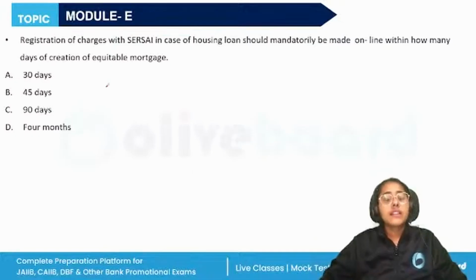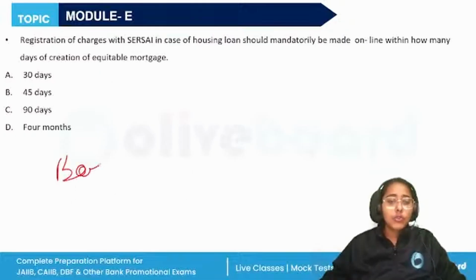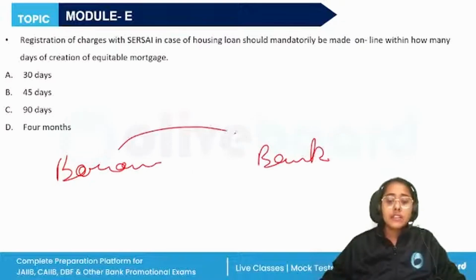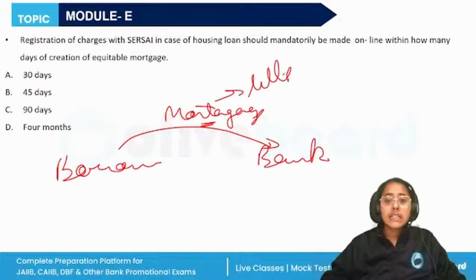Next question. Registration of charges with CERSAI in case of housing loan should mandatorily be made online within how many days of creation of equitable mortgage? Whenever a borrower comes to a bank to take a loan, they give a security, and a mortgage is created on the immovable property, an equitable mortgage or mortgage by title deeds.